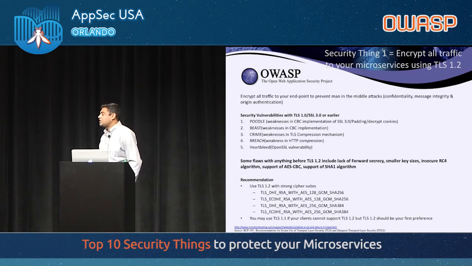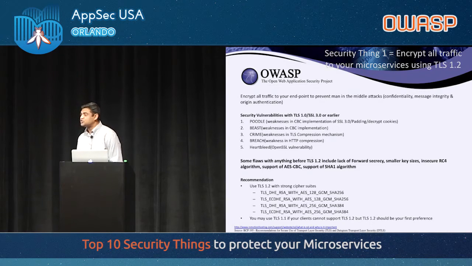Now, just encrypting the traffic is not enough. There have been a lot of security vulnerabilities found with TLS 1.0, SSL 3.0, and 2.0. Some of the attacks exploit the weaknesses in the CBC implementation of AES, which is cipher block chaining mode, that a lot of algorithms, like AES or triple DES, use, and it's used quite a bit right now.